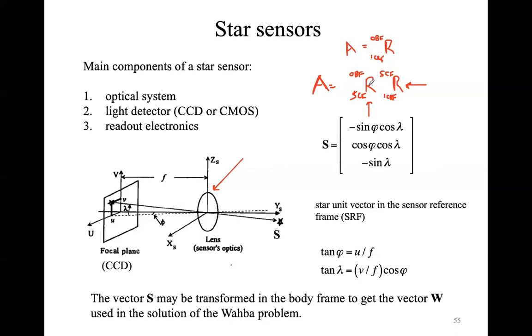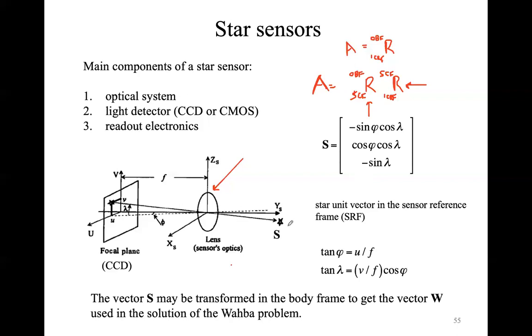Okay, so once we did this precise explanation of what we have to do when we have star trackers, what we need to do here is to define the angles lambda and phi. These angles are defined in the reference frame of the instrument.